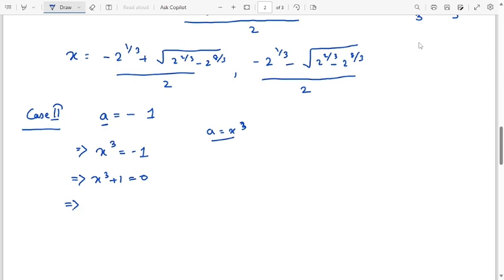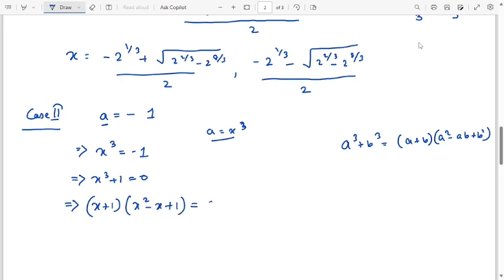We are again using the a³ + b³ formula. We know that a³ + b³ equals (a + b)(a² − ab + b²). All of you know the formula very well. So let me simplify this one: (x + 1)(x² − x + 1) = 0.